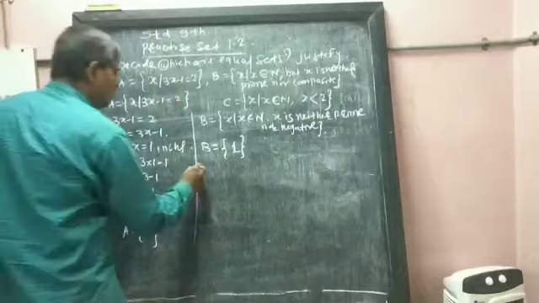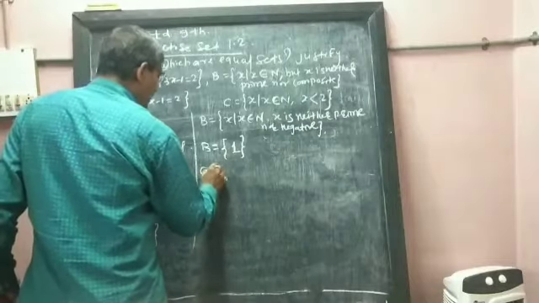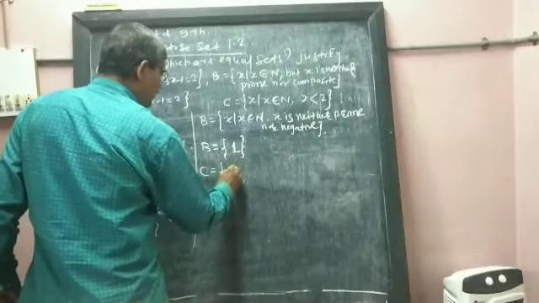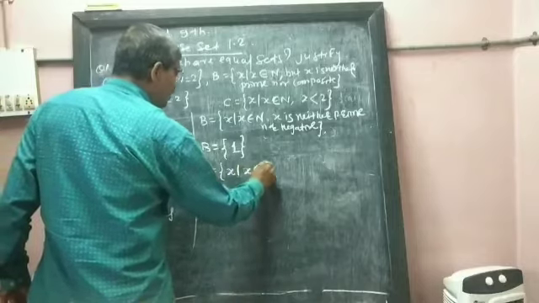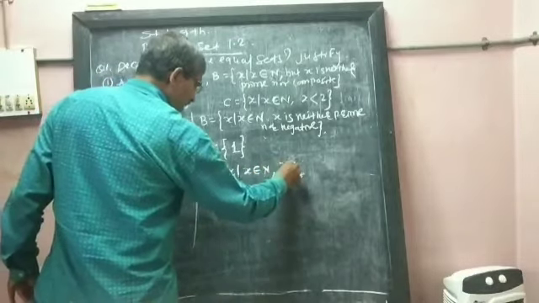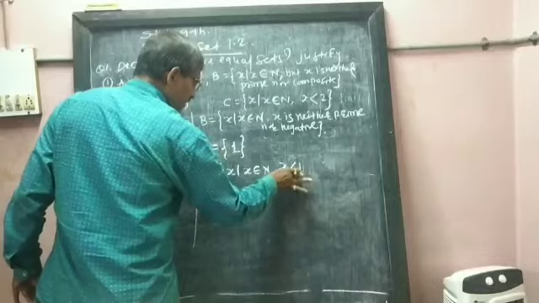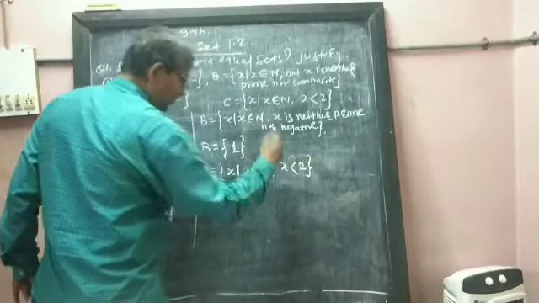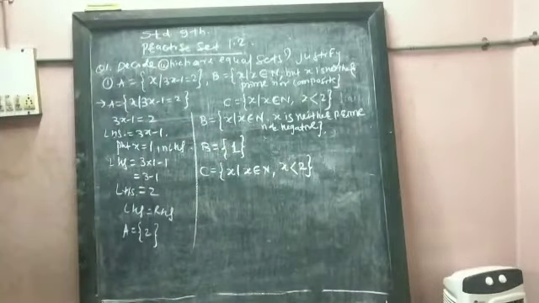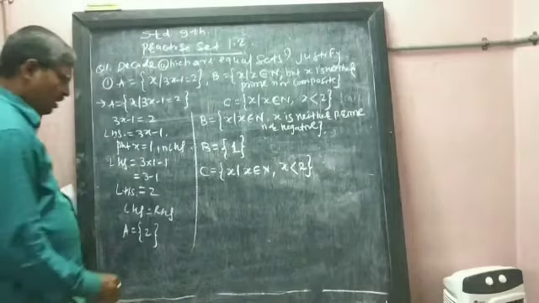Now, in case of set C, x such that x belongs to natural number, x is smaller than 2. X is smaller than 2.